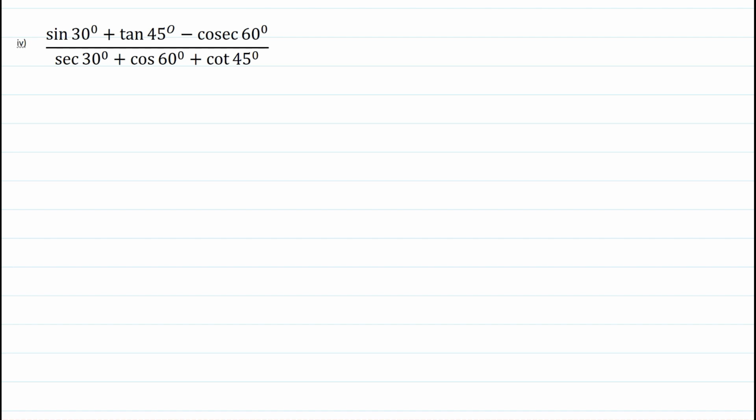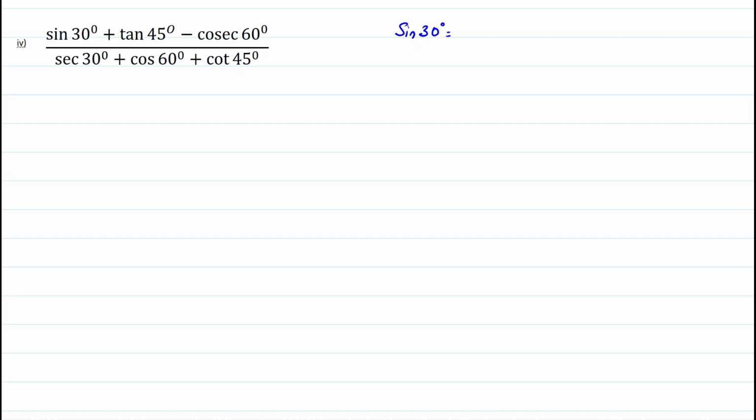Evaluate sin 30 tan 45 minus cosecant 60 divided by secant 30 plus cos 60 plus cot 45. Okay. First we find the values for all these, write down the values for all these trigonometry angles.